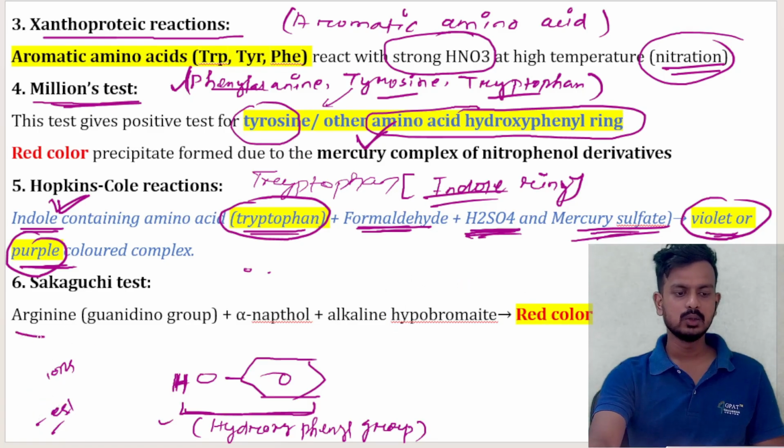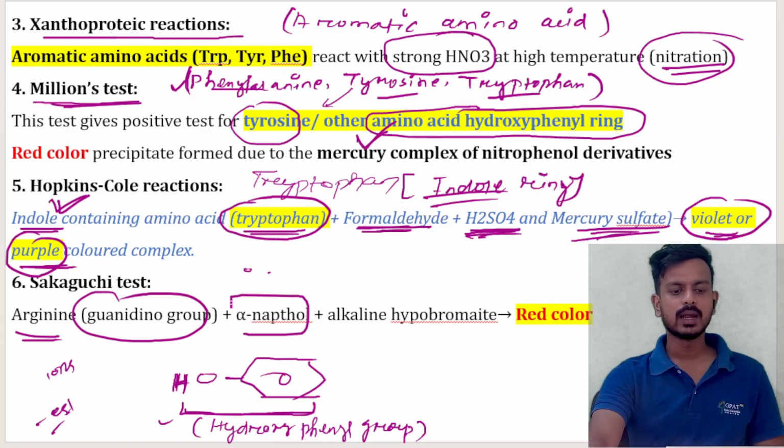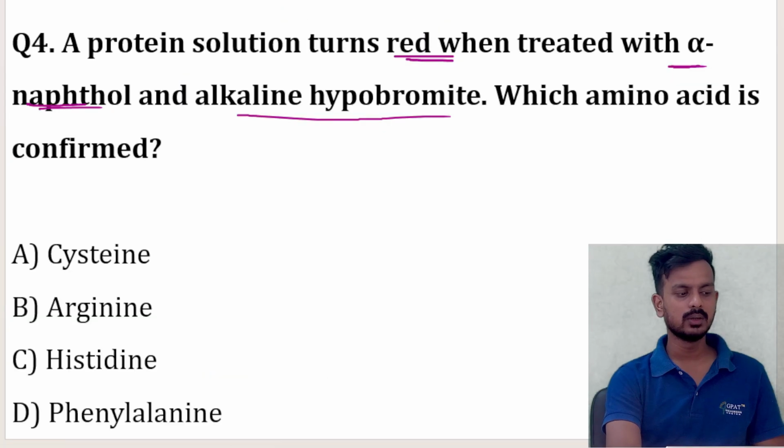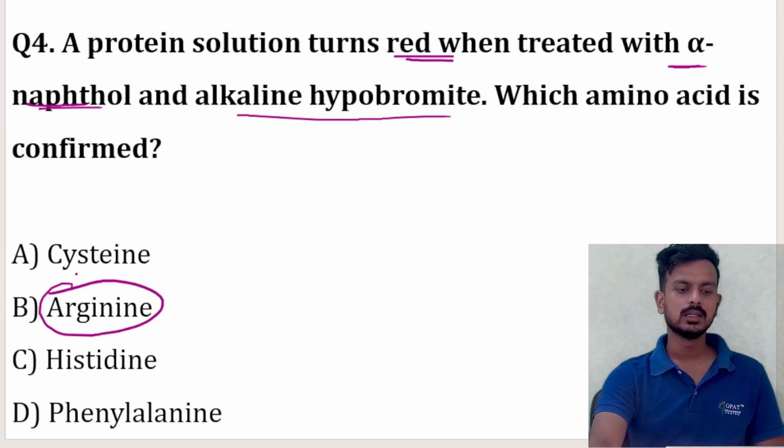When arginine, having the guanidino group, reacts with alpha naphthol and alkaline hypobromite, what will it develop? It will develop a red color. This is for the detection of which amino acid? What is the correct answer? It is detecting arginine. So I want to tell you that you should also remember the names: it is for arginine.